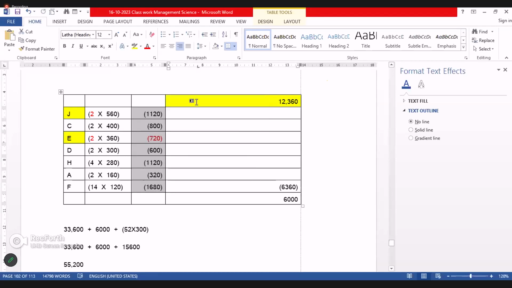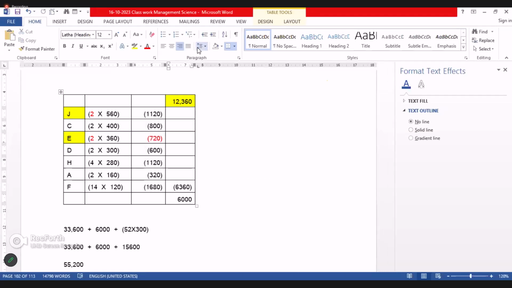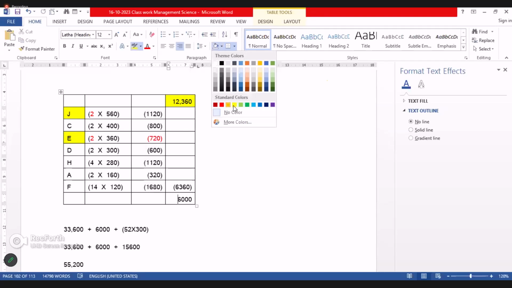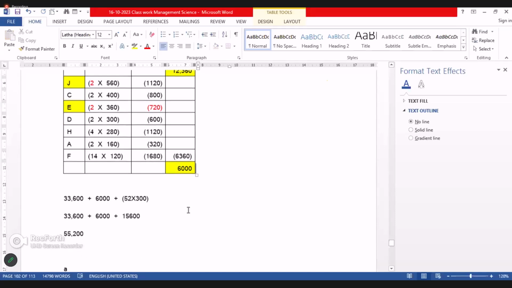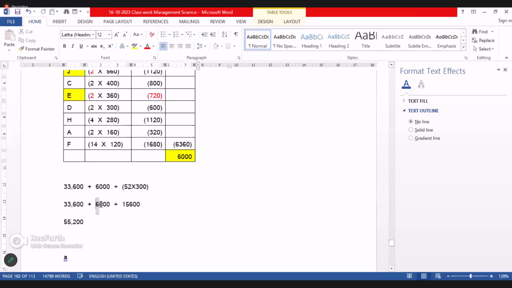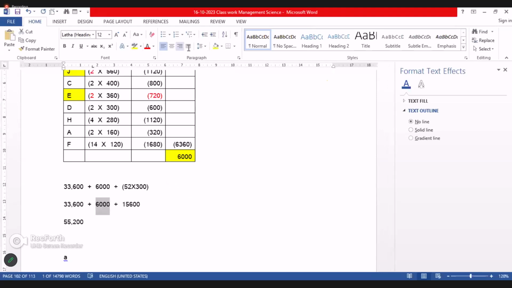Now really, additional increase is how much? Not 12,360. It's actually 6,000 additional increase. That is this. And the fixed cost as usual, 52 into 300, that is 15,600.